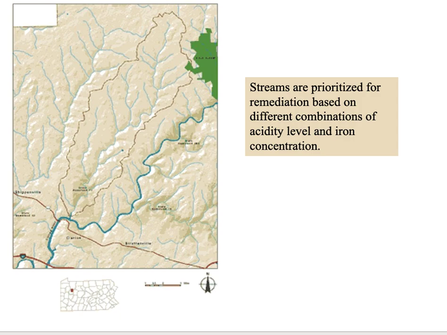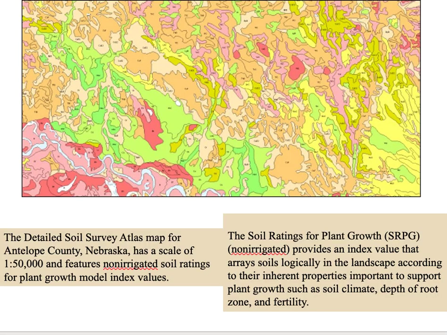And GIS can be used for hydrological analysis and for mineral analysis. So these are the streams, and streams are prioritized for remediation based on different combinations of acidity level and iron concentration. Also, GIS is used for mapping soil surveys like we see here.